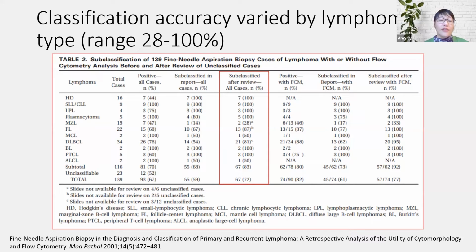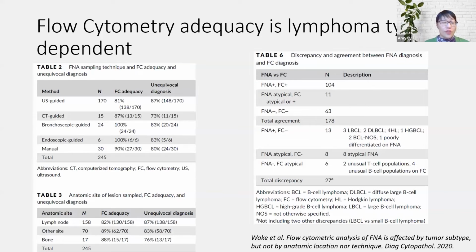So really the classification accuracy depends on the type of lymphoma you're trying to classify. And this variable adequacy of flow for diagnosing lymphoma based on type is also something found by other studies, including this more recent paper from 2020.